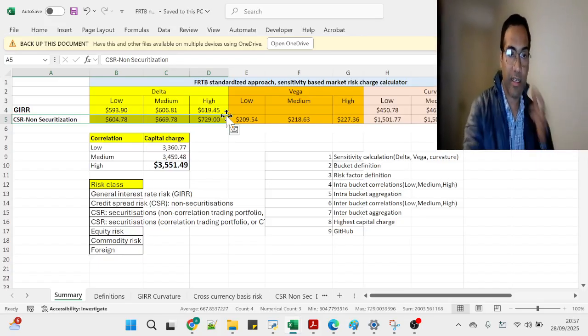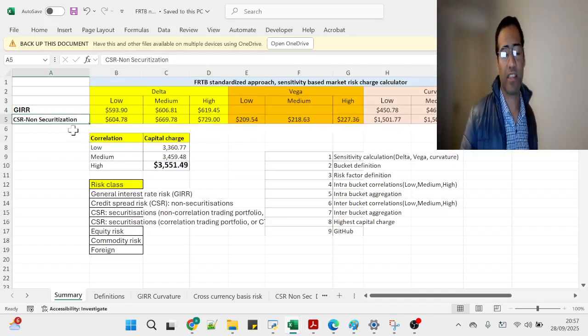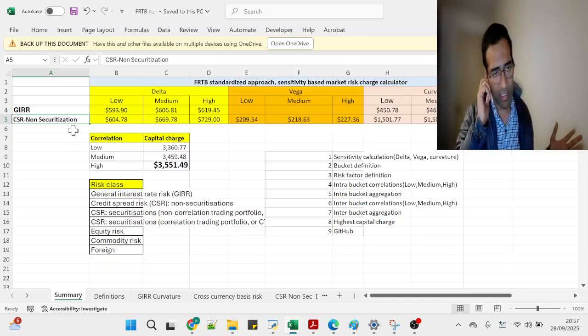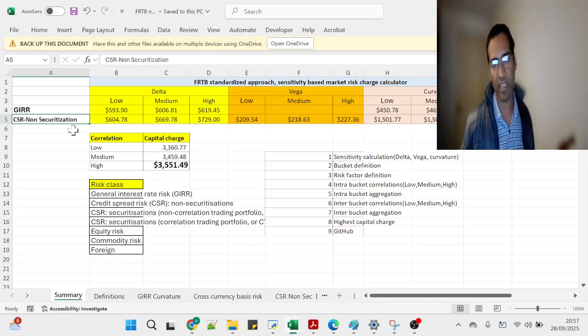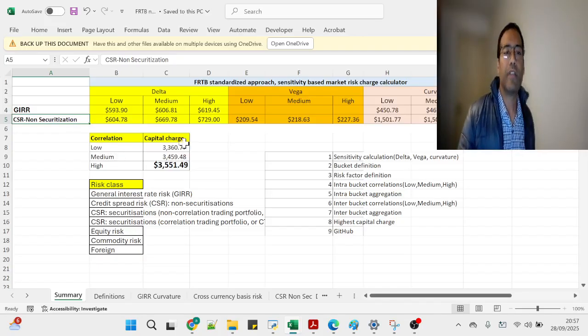So that's your credit spread risk. And it is non-securitization. That means I'm not buying MBS, ABS, CLO, these types of bonds where they securitize, meaning combining a lot of underlying assets and then selling bonds using those as collateral. So that's the main thing.